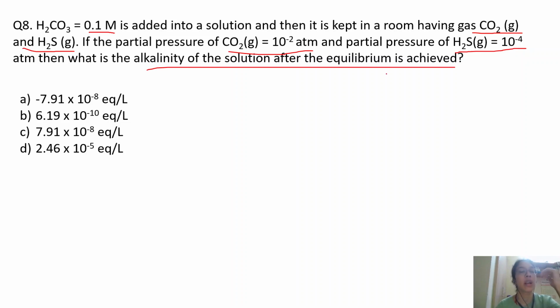I told you we will use Henry's law to convert the partial pressure into concentration, and we can solve it easily. Manually also we can solve, but Visual Minteq will make our work way easier. The solution is 6.19 into 10 raised to power minus 10.